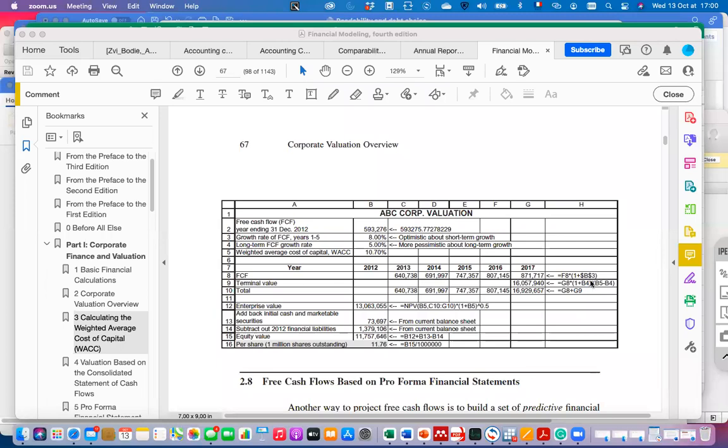Here we go. See, the enterprise value is already found. We add back the cash. We subtract the financial liabilities or financial debt. Then we get the equity value. And then we divide by the number of shares and we get the fair price of the stock.